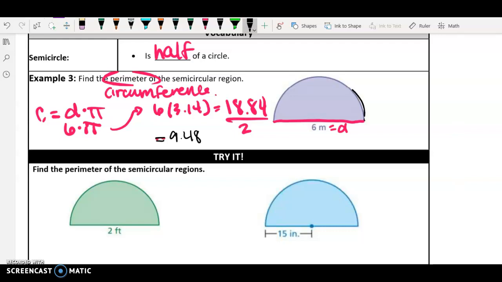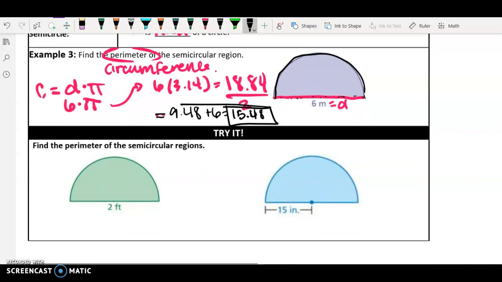But that only gave me this distance. It didn't give me this distance going across. So now I have to add 6 to it, and I get 15.42 for my answer.